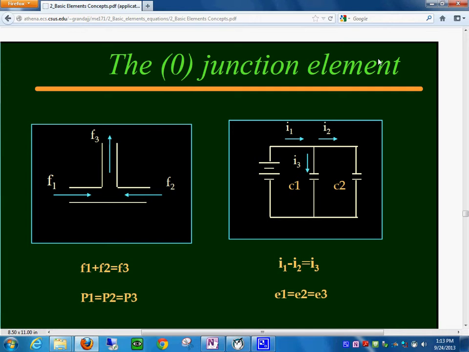You could have both sides as input to the T, and F3 would be the output. So F1 plus F2 equals F3.